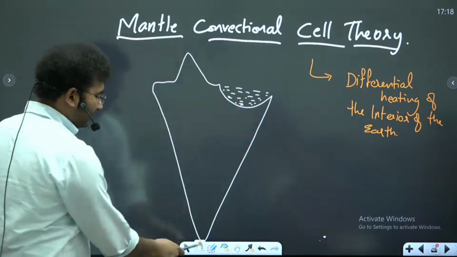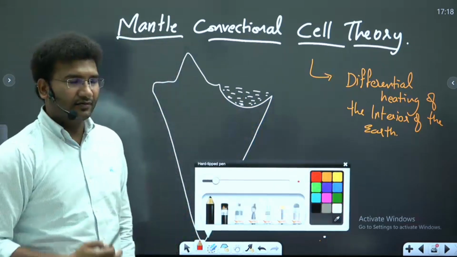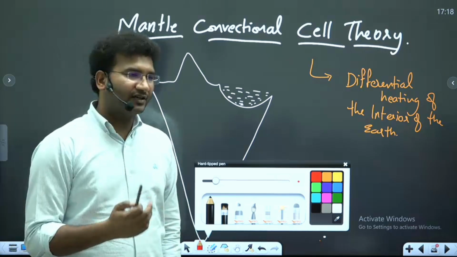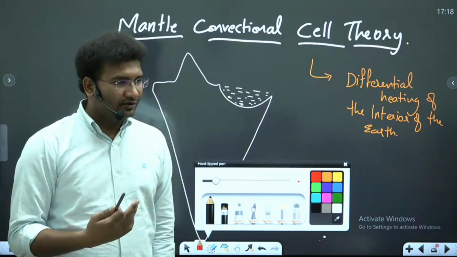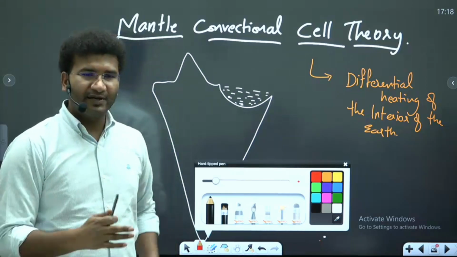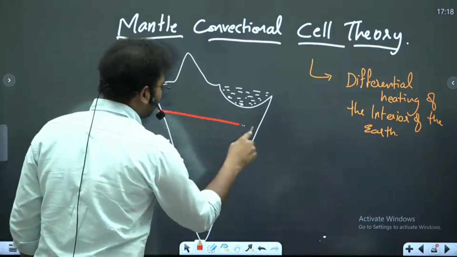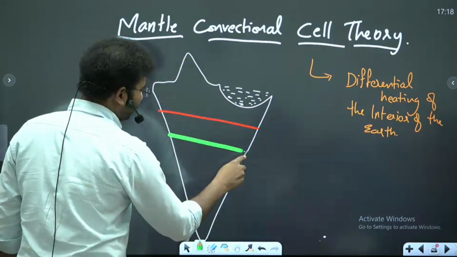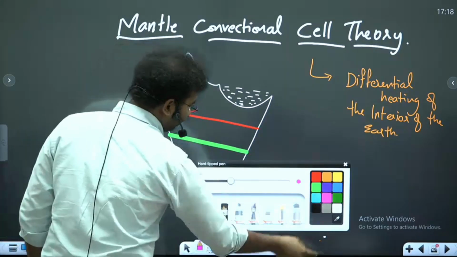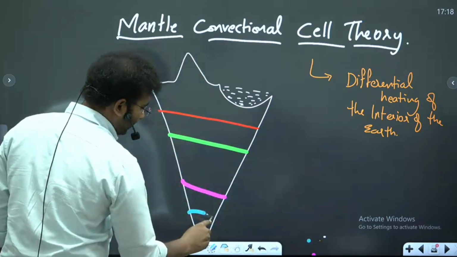See, as you go into the interior of the Earth, I told you what layers are present. From now on, we have to understand with respect to the asthenosphere, as we are going to study only the mechanical composition. You know there are plates, and these plates are present only on the lithosphere. So the topmost layer is your lithosphere, followed by asthenosphere, then mesospheric mantle, outer core, and inner core.